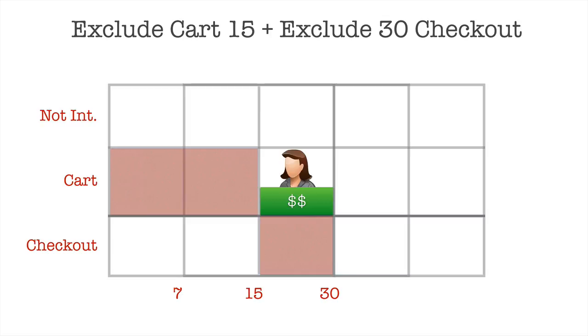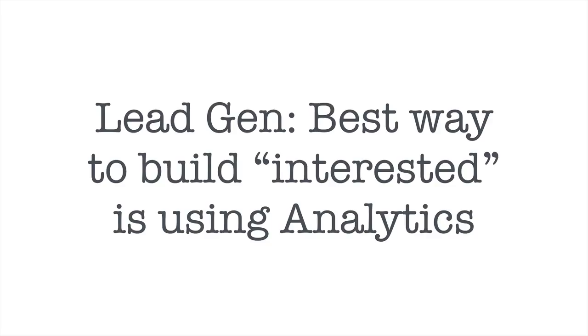So in this case, to exclude the audience to the left, we're going to exclude the cart 15 audience. That covers those two red boxes there. And to exclude the box below, we're going to exclude the checkout 30 audience. Make sense? I'll show you exactly how to do that in a second.